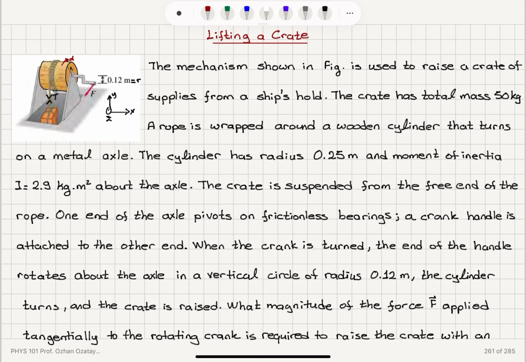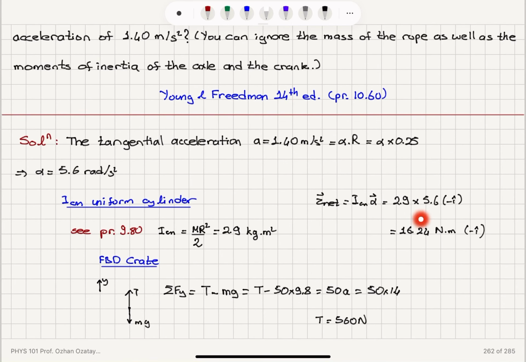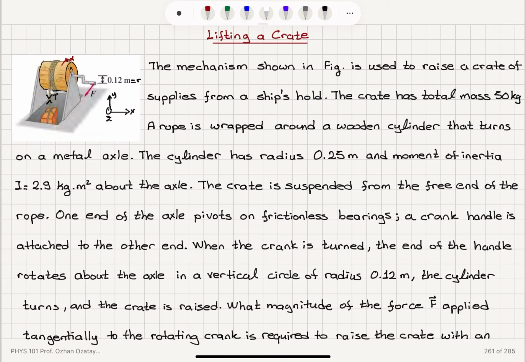And where is the direction of alpha here? Because this crate is going up, the cylinder should be rotating in the clockwise sense. So the net torque should be in the minus i hat direction. I curl my right hand fingers in the direction of alpha, and my thumb points in the minus i hat direction. The net torque will also have a contribution coming from the force applied on the crank handle. The crank handle applies a torque lowercase r times F in the minus i hat direction.